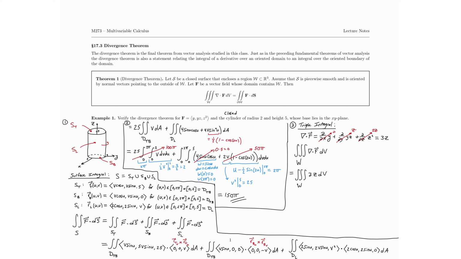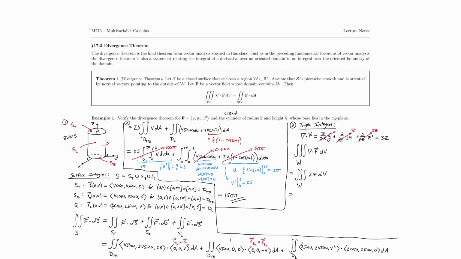So now what is our volume? Or so what is W? W is the actual solid cylinder. So it's not just the surface of the cylinder, it's everything within the cylinder. So it's important to note here that the boundary of W is our surface S. So this is the full thing. So we can actually describe W in terms of cylindrical coordinates.